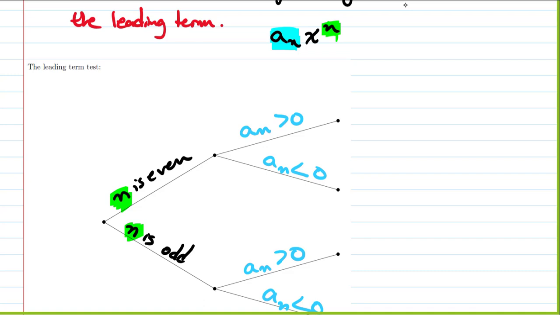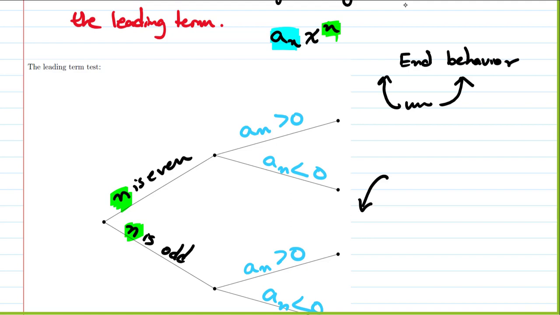So if n is even and a sub n is positive, the end behavior of our graph is going to be like this. If n is even and a sub n is negative, the end behavior of our graph is going to be this. So if a sub n is positive, our graph starts up and it ends up. If a sub n is negative and n is even, our graph starts down and ends down.